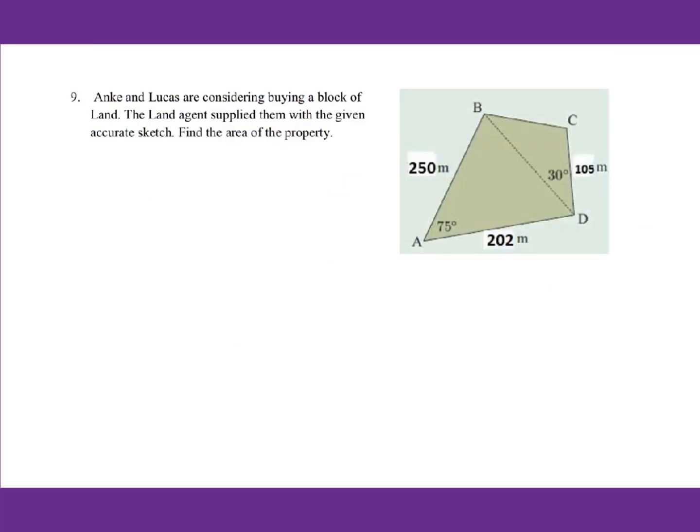For number 9, we need to figure out the area of this property. This property is made up of two triangles. For these two triangle areas, we have to use 1/2 AB sin C. We need to get the SAS pattern. We have SAS pattern.